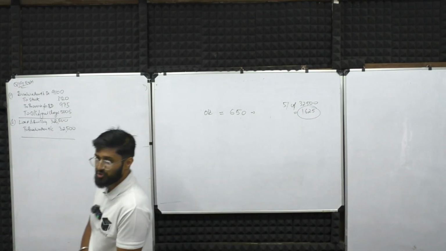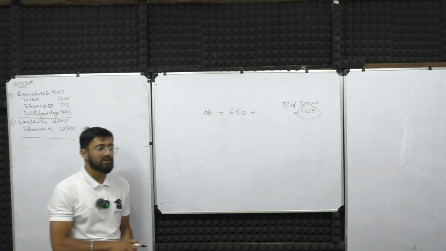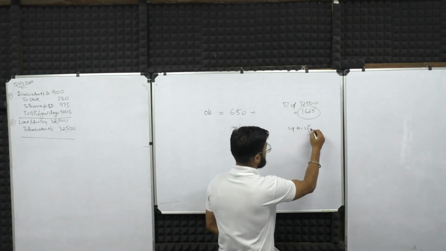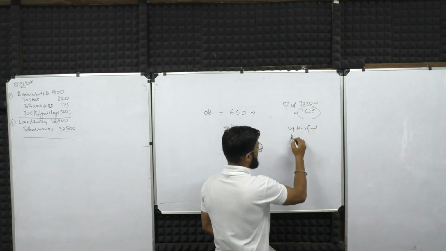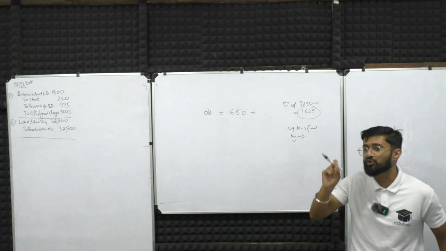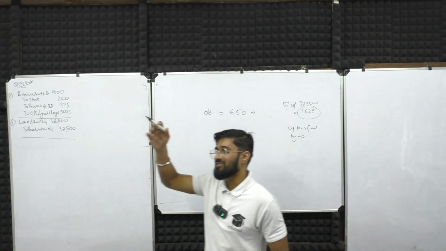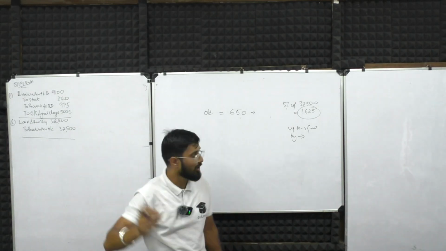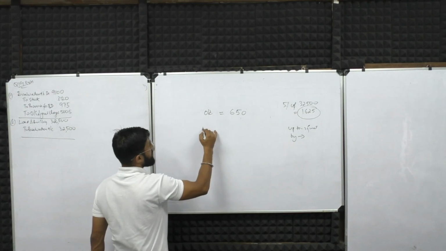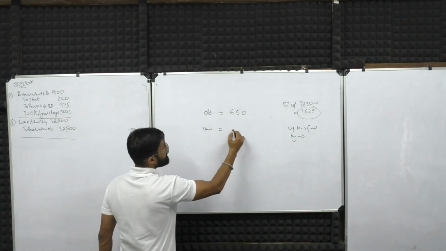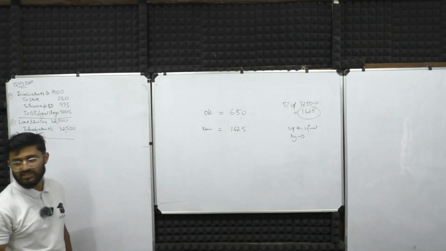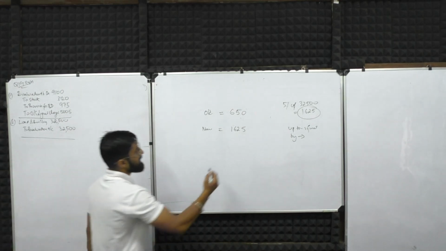This is the new provision, brought up to the final amount. The old provision was 650, the new provision is 1625.